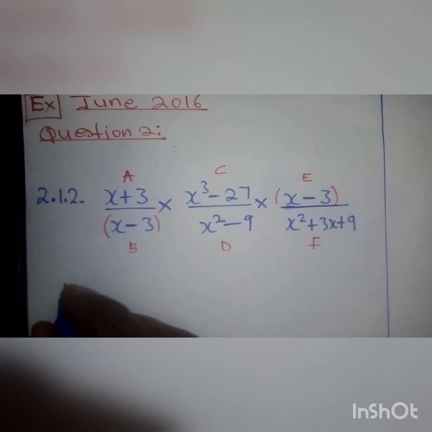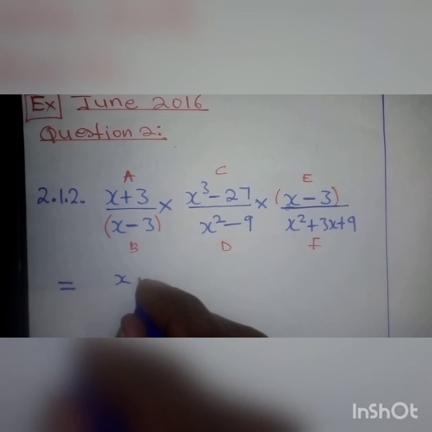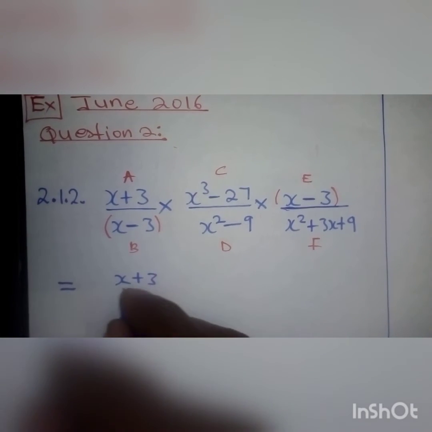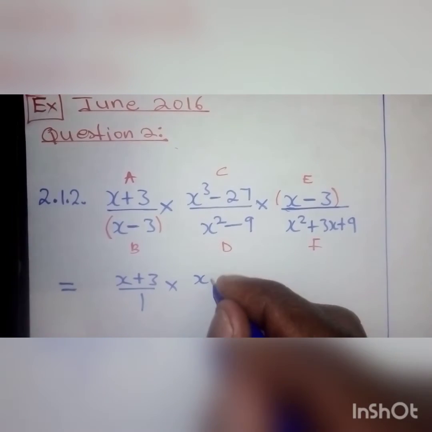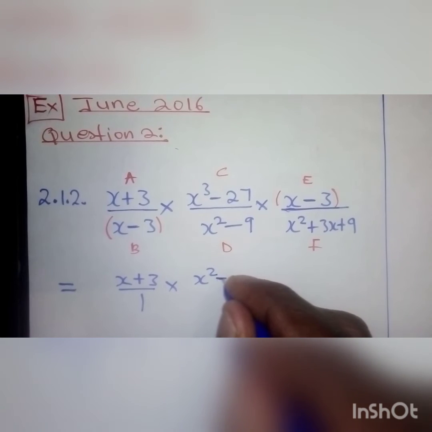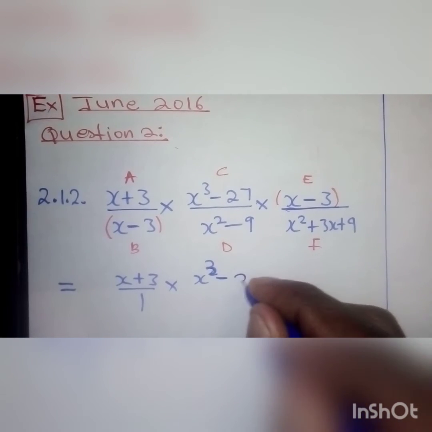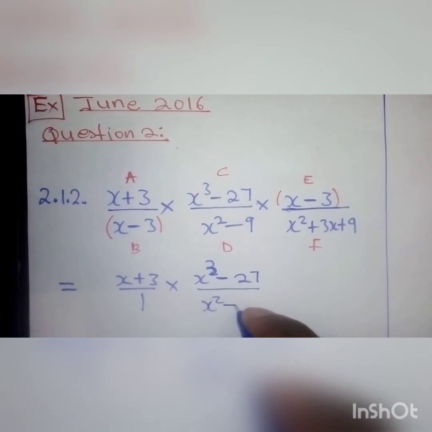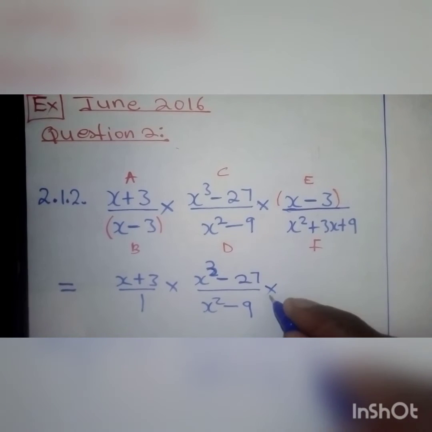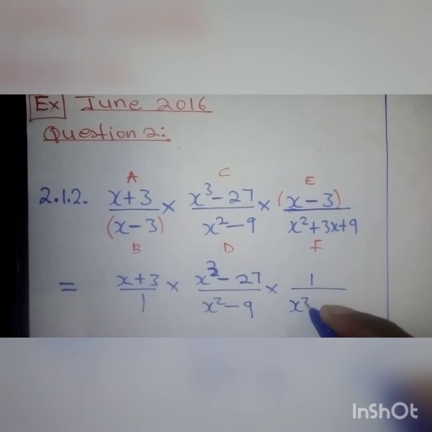If we leave our expression, it equals x plus 3 over 1 multiplied by x cube minus 27 divided by x squared minus 9 multiplied by 1 over x squared plus 3x plus 9.